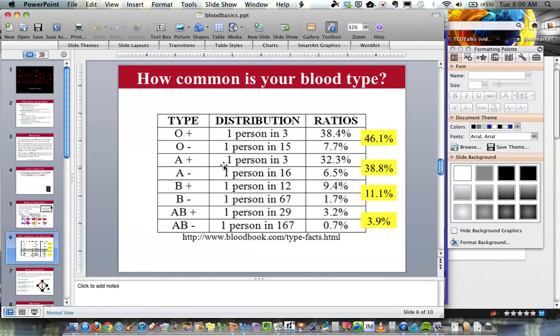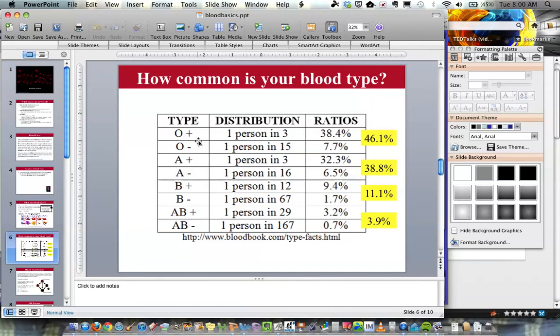The next most common would be type A at about 38 or 39%, and these numbers would vary depending on your source, but they're approximate. Type B blood, about 10 to 11% of the population, and the most rare blood would be type AB, again because you have to receive specific genes from mom and dad, and there is only one combination of that happening.